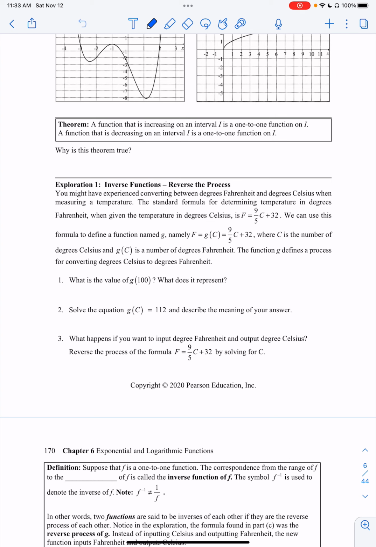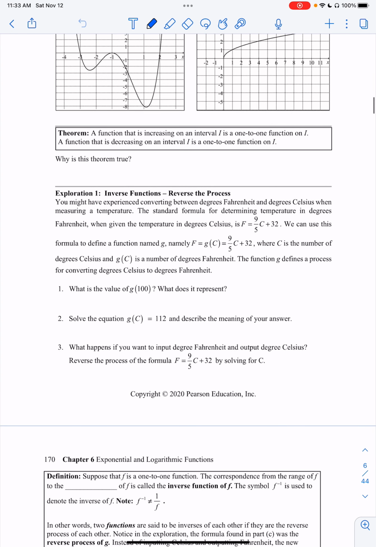So for inverse functions, what we're thinking about is here, if you look at the exploration, we can find the degrees Fahrenheit if we know the degrees Celsius, and we can do that by just plugging in and using the function that we have here.